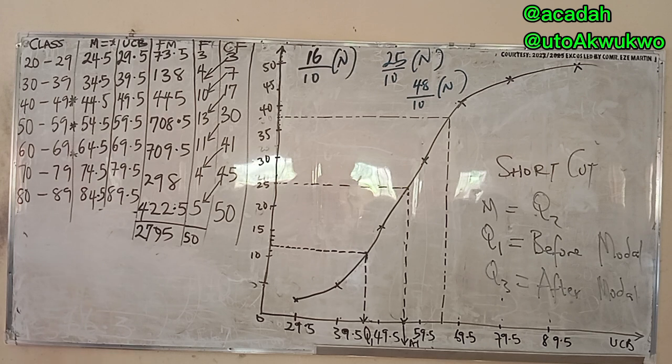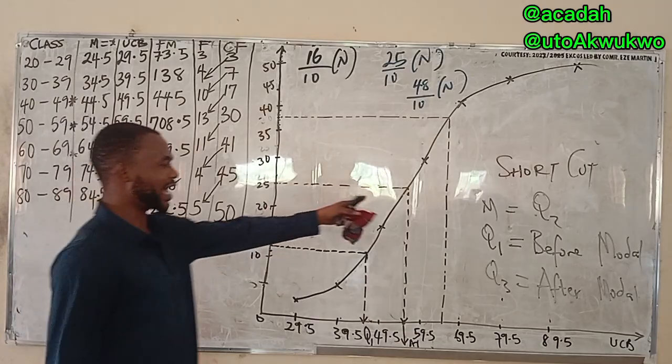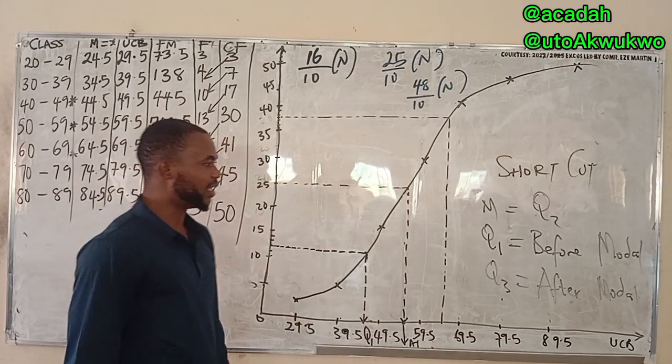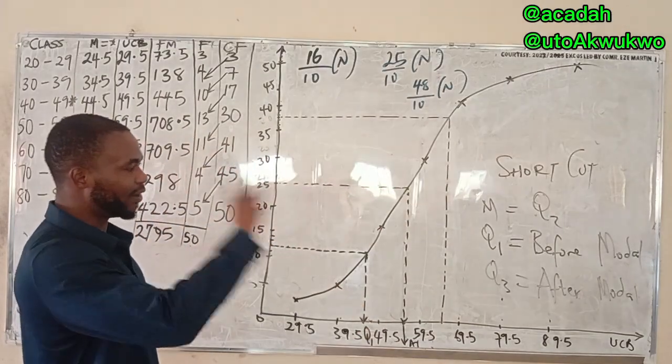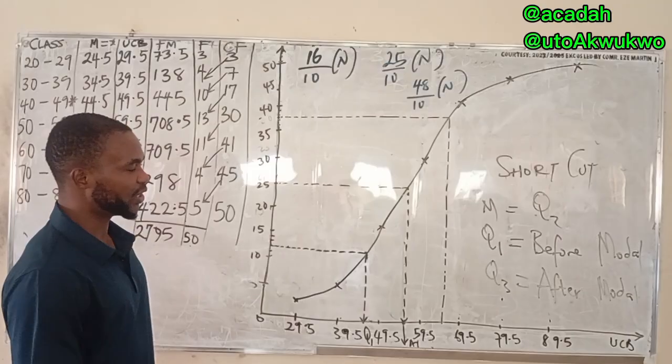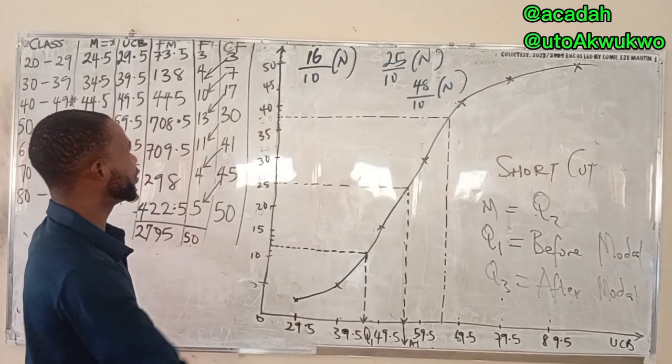The only time it won't work is when you notice maybe the gap to be, let's say, 2 or 1. But provided the gap is large, it will always work. So you try to make examples, you see that it will always work. The other class will always give you the same class as the median. The Q1 will always be the class before the modal class, and Q3 will always be the one after.